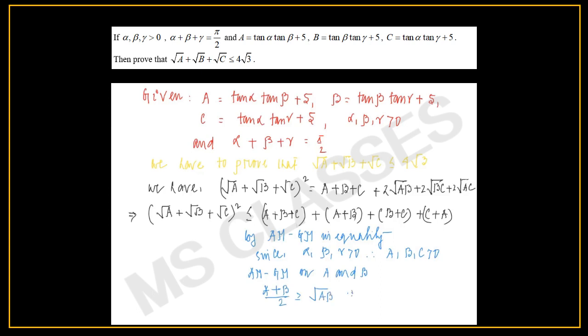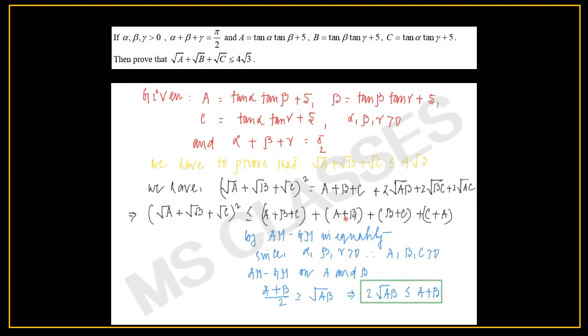That means 2√(AB) ≤ A + B. We have taken only one part since they are all symmetrical, so definitely we can get the other results like this one.